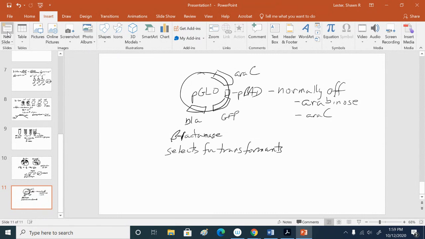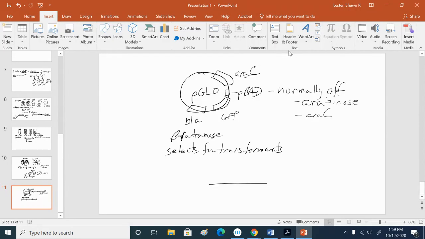Where does the araC protein come from? It comes from the bacteria because now they're making it. They have that gene. And the arabinose has to be given to them in the agar.